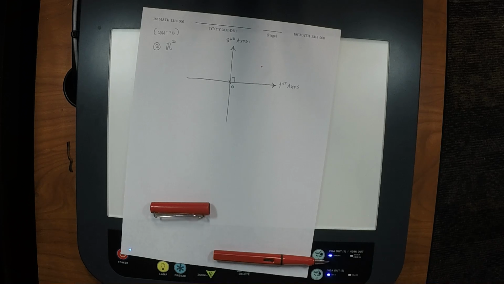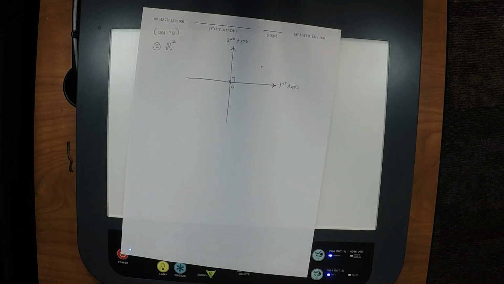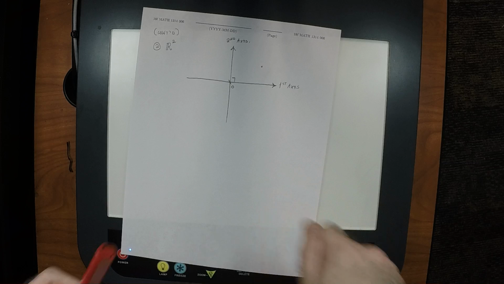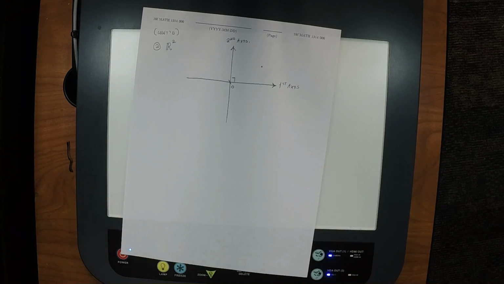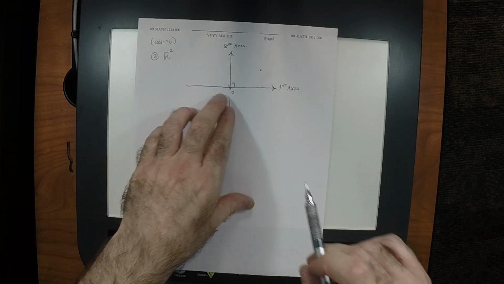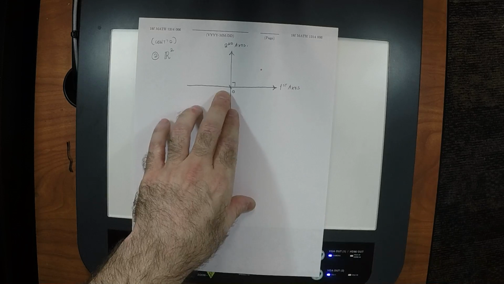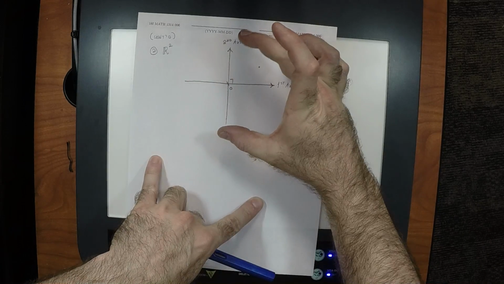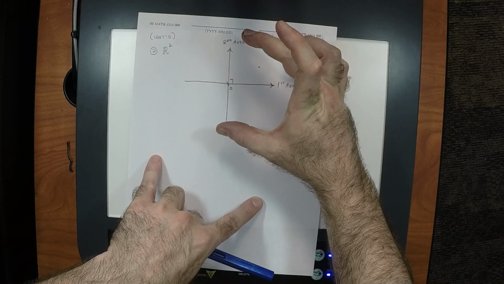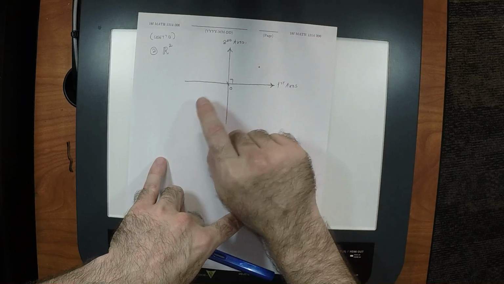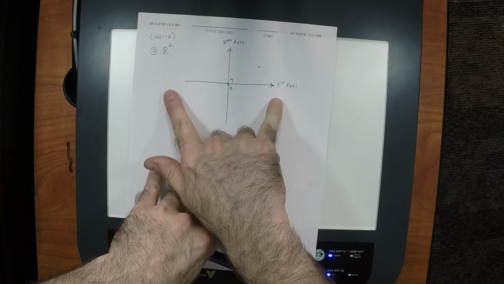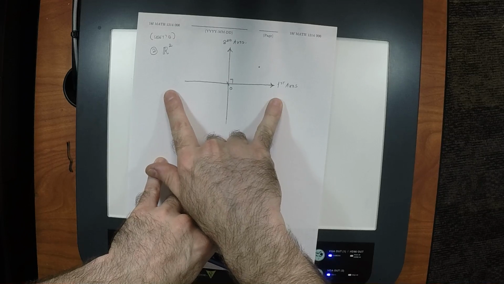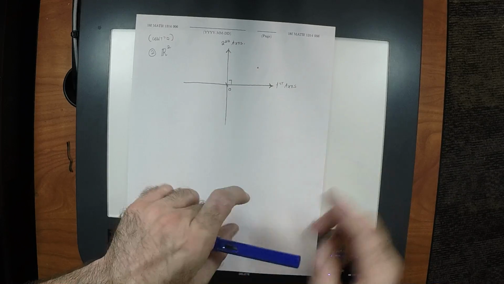Not squirrels, swirls, like mixing. So the way that it works is that this is the first axis and this one the second. So the way that you make a positive swirl is that you swirl first following the first axis and then turn to follow the second axis and then come back round.